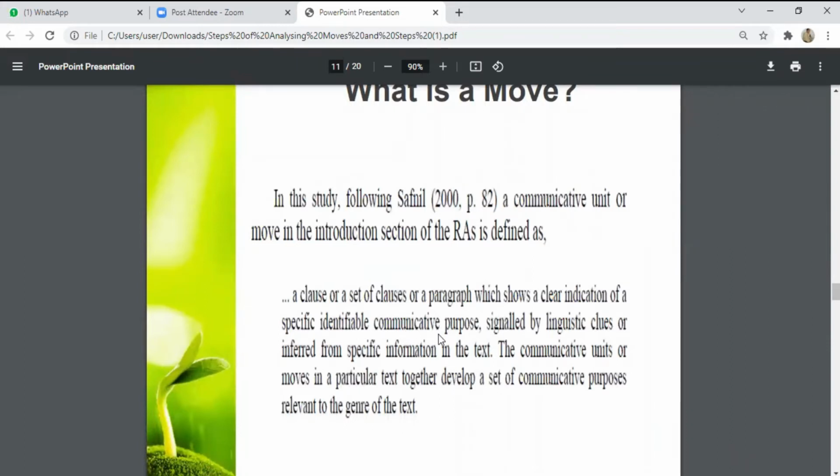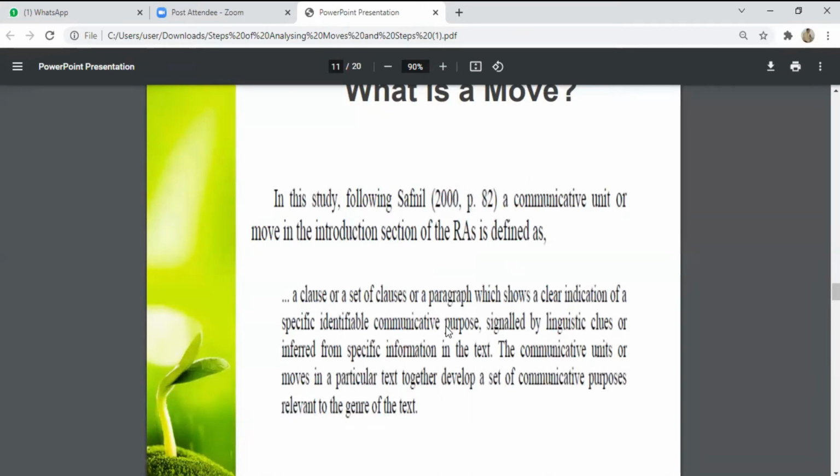Communicative purpose. So a sentence or several sentences with a particular communicative purpose, signaled by linguistic clues or inferred from specific information in the text.